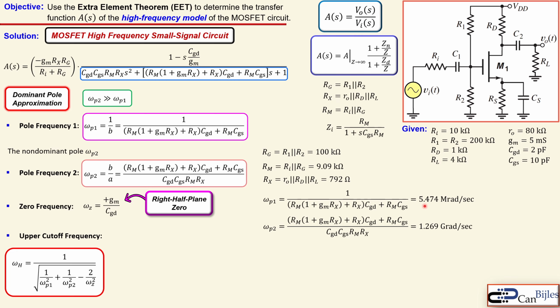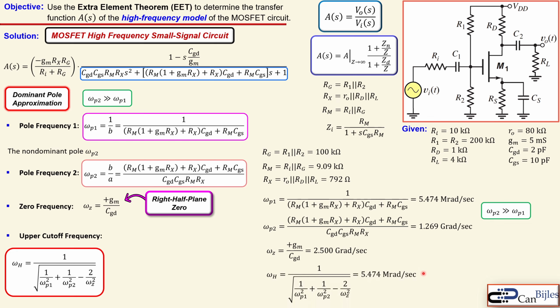So it is indeed much larger than pole frequency 1. So omega P2 is much larger than omega P1, and that's our dominant pole approximation. How about the zero frequency, which is in the right half plane? That is GM over CGD, exactly 2.5 gigaradians per second, again much larger than the other two frequencies.